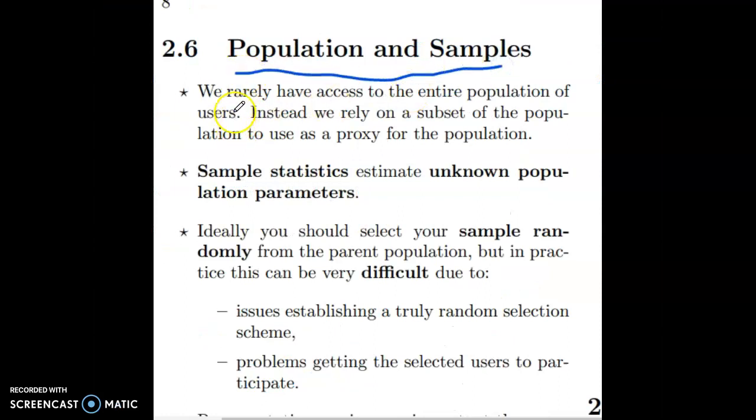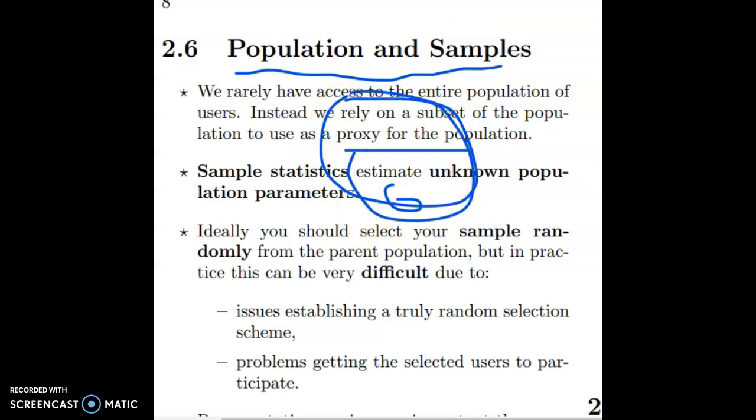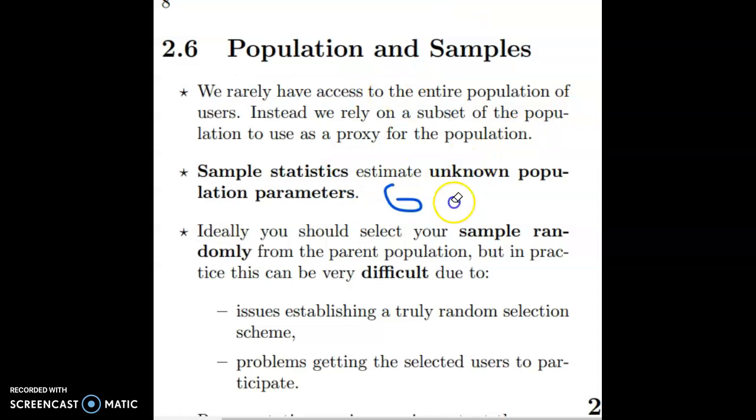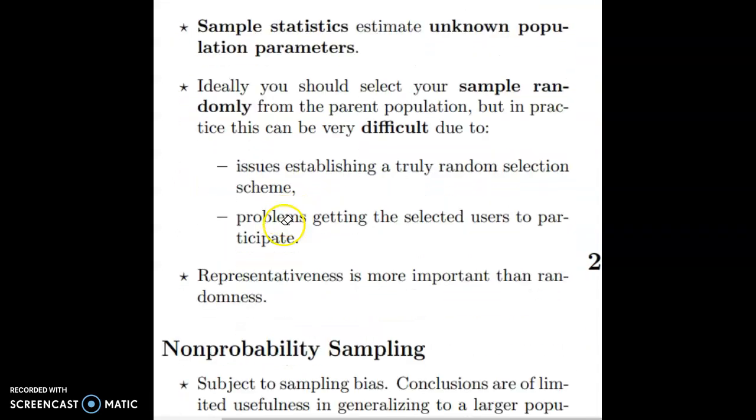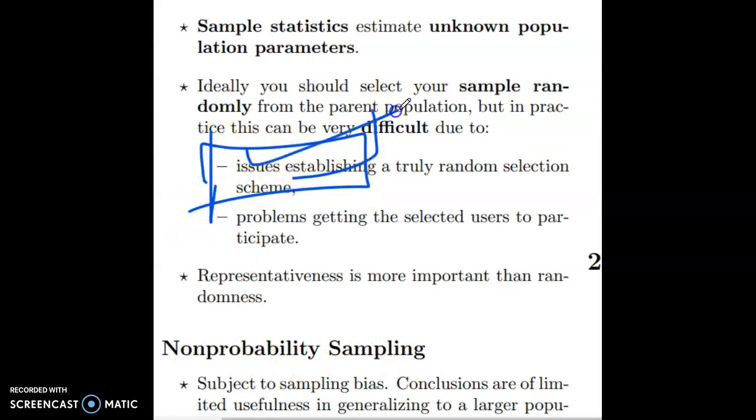Population and samples. We rarely have access to the entire population of users. Instead we rely on a subset of the population to use as a proxy for the population. Sample statistics estimate unknown population parameters.